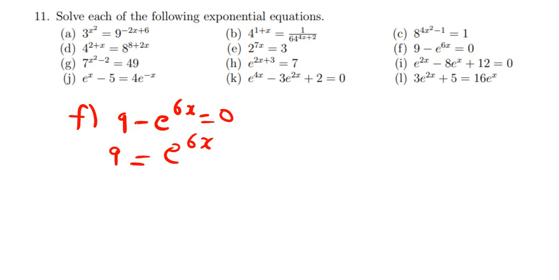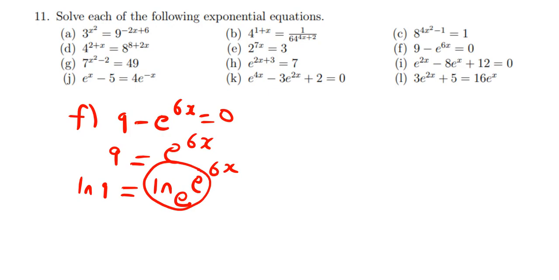Now if I introduce the natural log on both sides, what am I going to have? Natural log of 9 is equal to natural log of e to the power 6x. You know that natural log has a base of e, so this expression is also going to give us a 1.